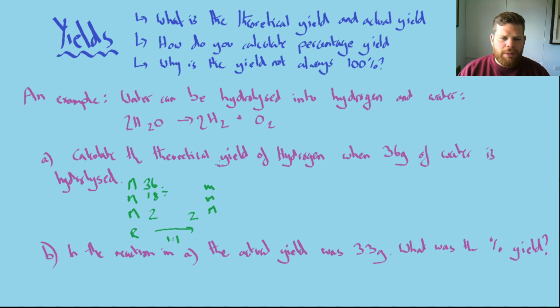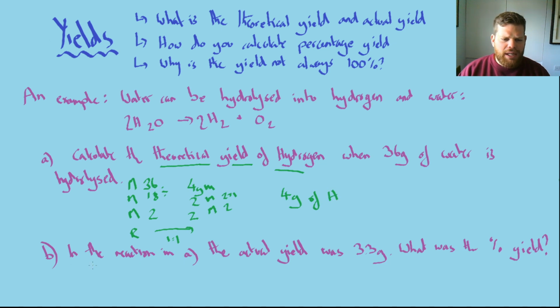Now, the one thing I've got to be careful of here is I've got H2, so that's 2 times 1, which means that my Mr is 2 here. We're going upwards, so therefore we multiply together. So my mass at the end is going to be 4 grams. So my theoretical yield of hydrogen here is going to be 4 grams of hydrogen.